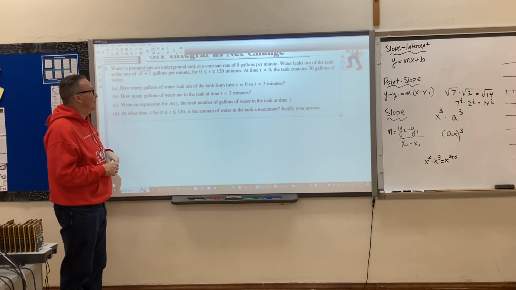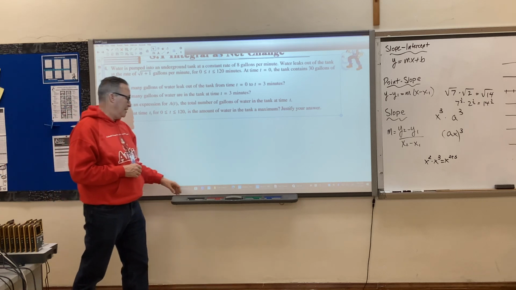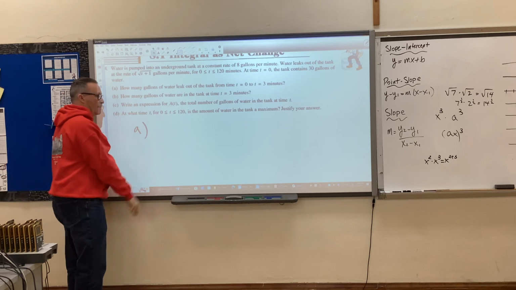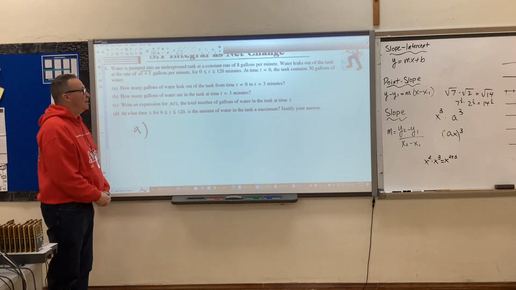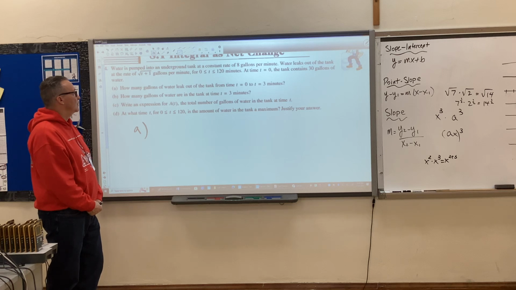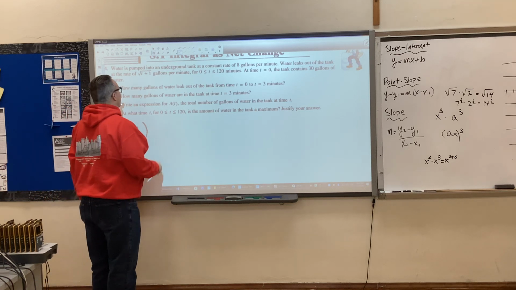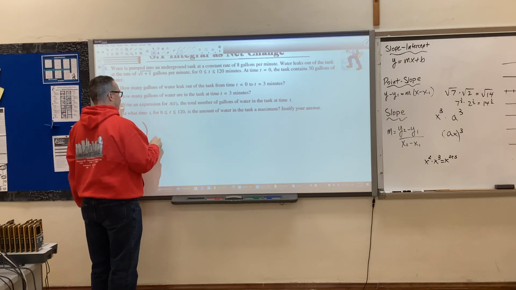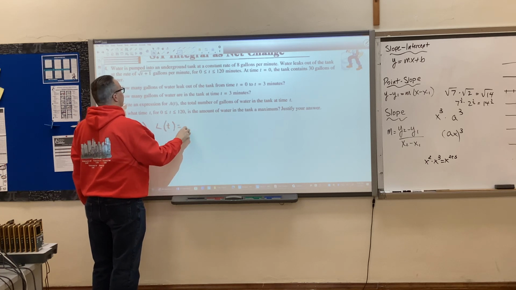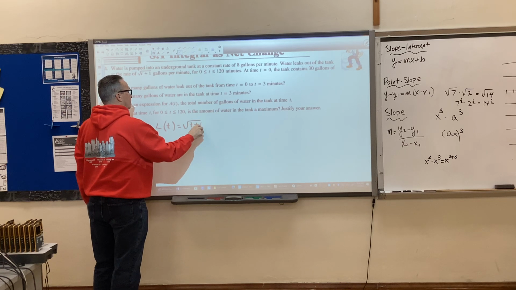How many gallons of water leak out of the tank from time equals 0 to time equals 3? How do I find that out? The integral from 0 to 3 of the square root of t plus 1.